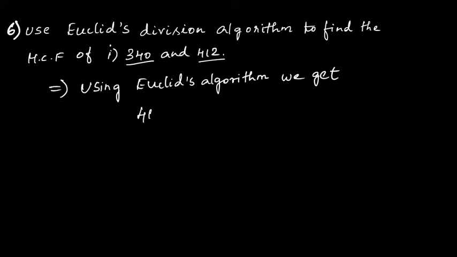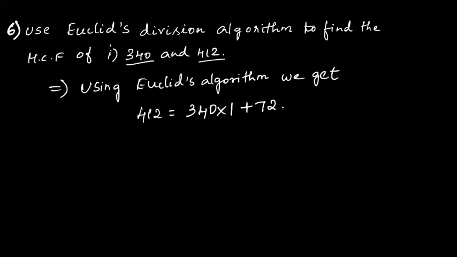So that is 412 is equal to 340. So the maximum value of 340 you can have in 412 is only one time, plus the remainder 72.